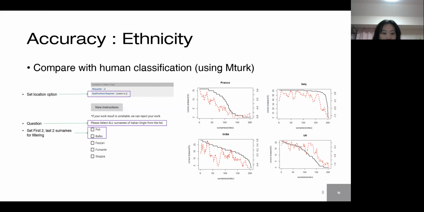Also, a filtering option was placed to determine the reliability of the response. For example, only responses were used that included a name that could confirm the correct answer at a particular spot and made an accurate judgment of the name.